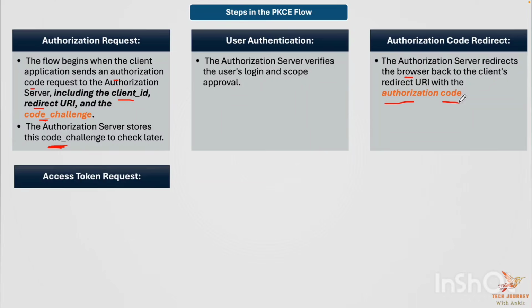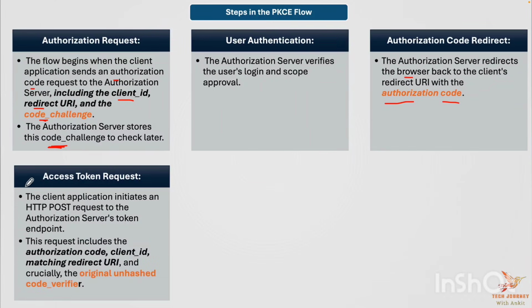Now, once the authorization code is with you, the next thing that will happen is the client application will initiate the HTTP POST request. This time we have to send the POST request to the token endpoint.